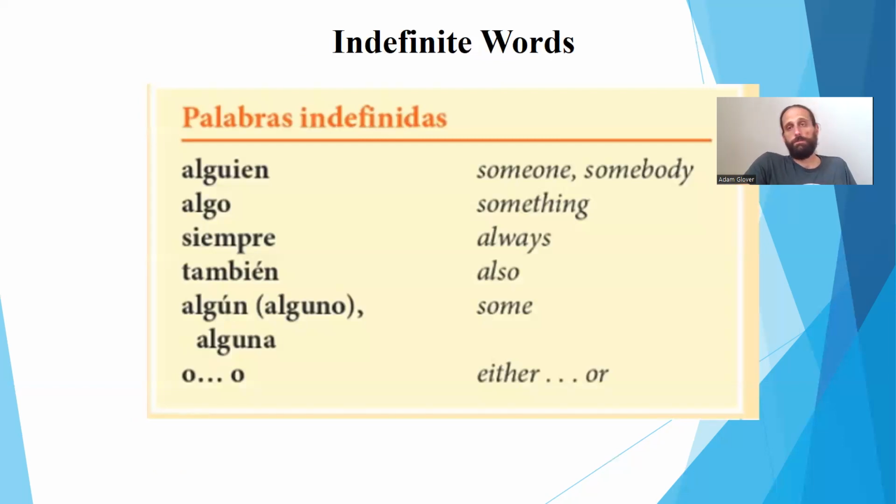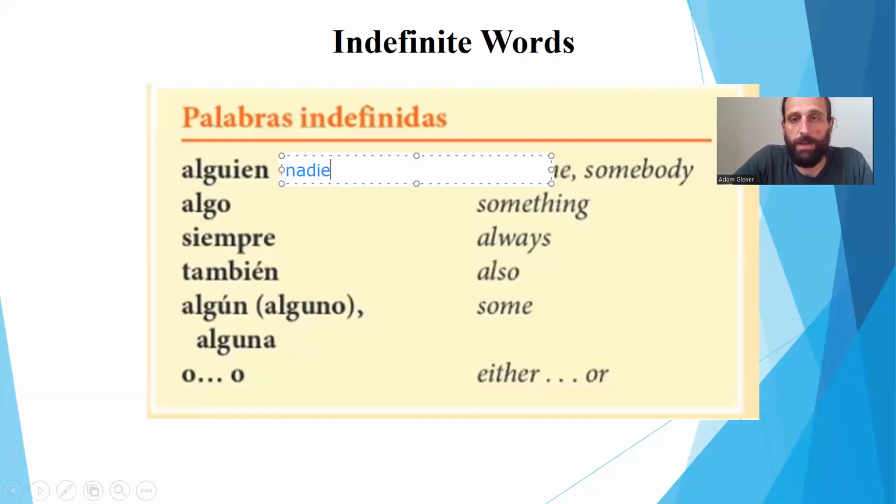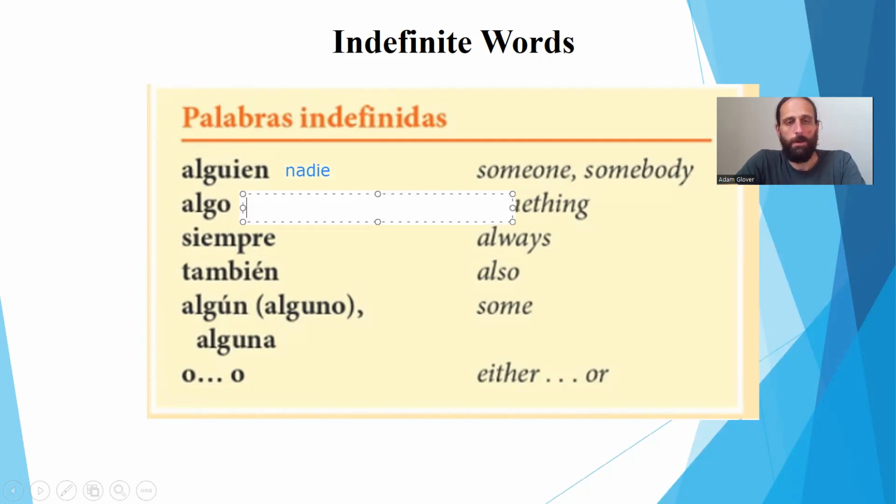The indefinite words are just the paired contraries of the negative words. So, for instance, we have the indefinite word alguien, and the indefinite word alguien is the opposite of the negative word nadie. And you can see the IE, alguien, nadie, that sort of gives away that they're opposites. Algo, nada.